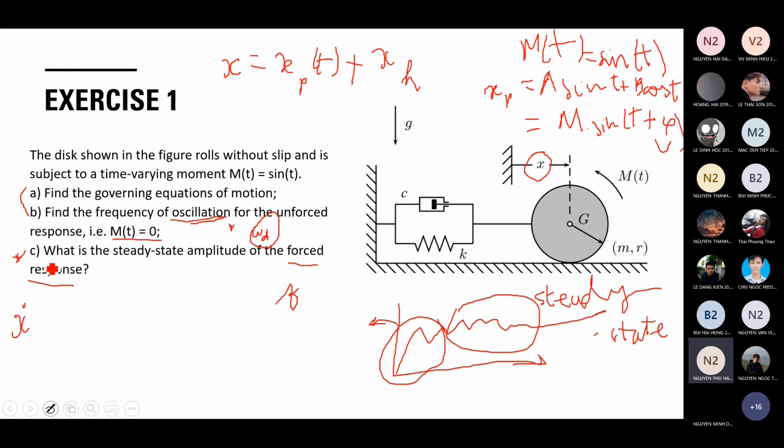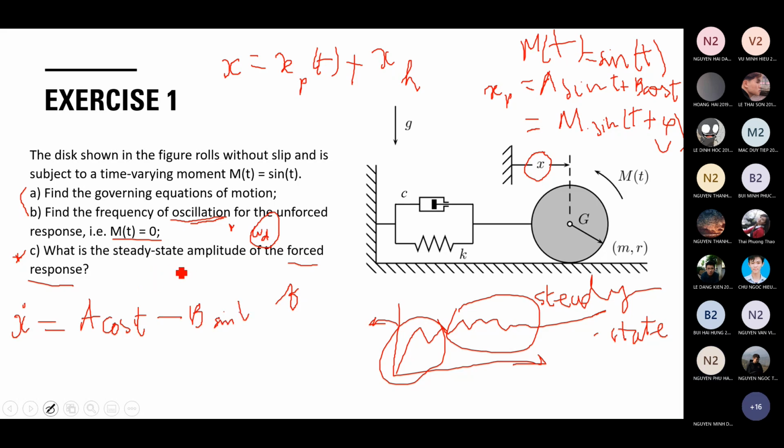What is x dot? x dot is equal to... the derivative of sine is cosine. Sorry, it's just a multiplied by cosine t, and minus b multiplied by sine t.